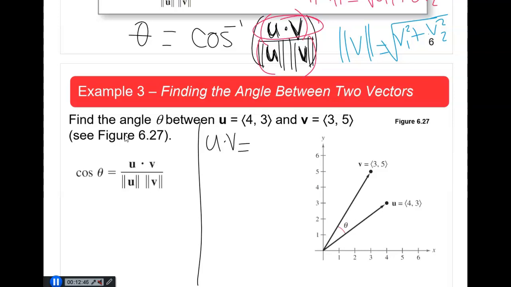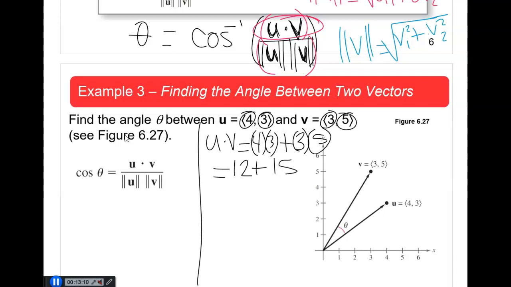So remember, we're going to multiply the horizontal components first, 4 times 3. And then we're going to add 3 times 5. So we will get 12 plus 15, and that will equal 27.